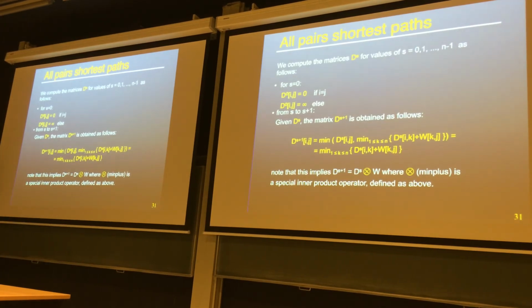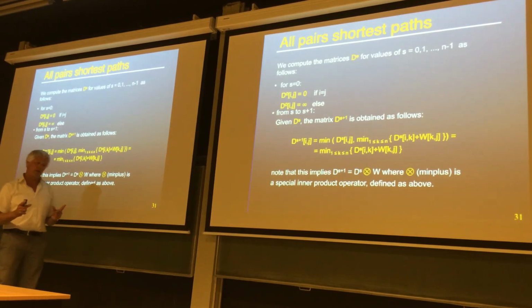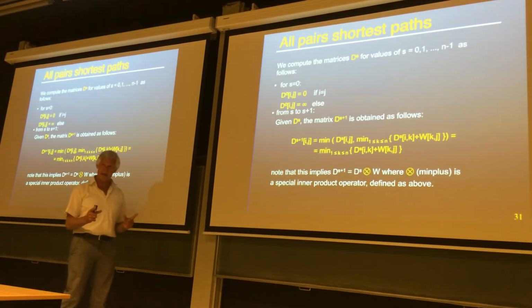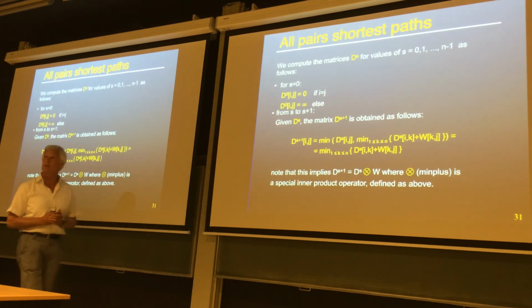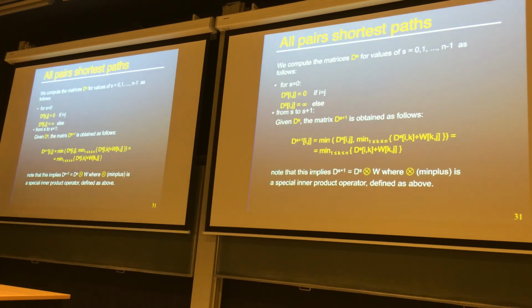Yeah. If you use not more than s+1 edges, it could be that you are using less than or equal to s edges, but then you know it already, or you use s+1 edges. Yeah? Okay. If you use s edges, well, you know that the information is contained in D^s_ij.